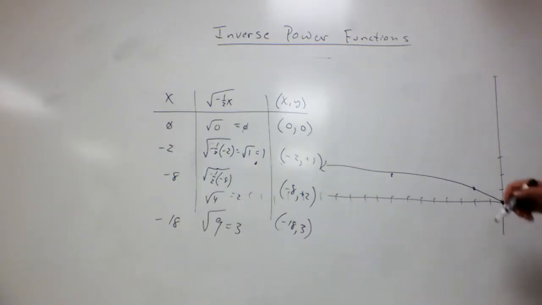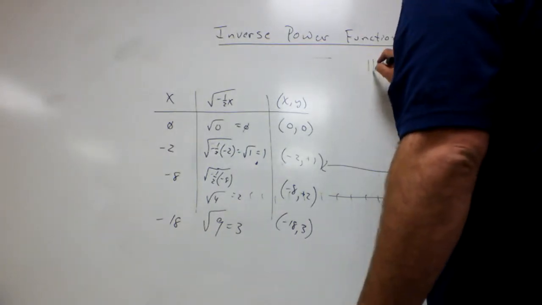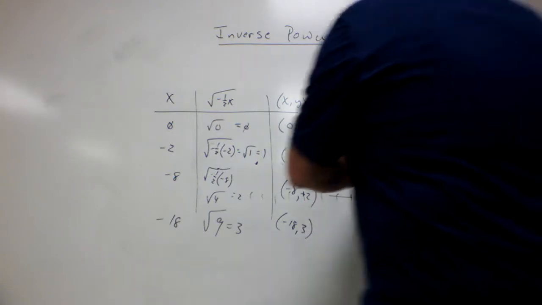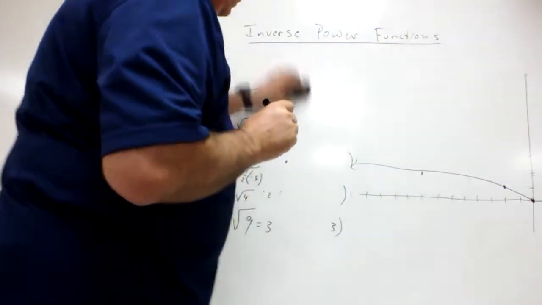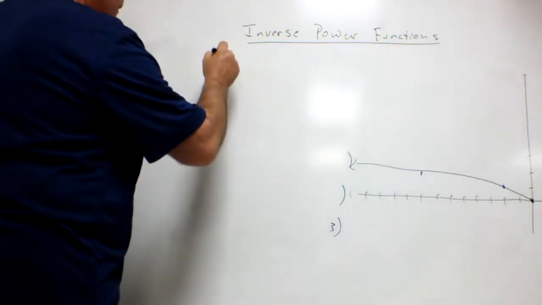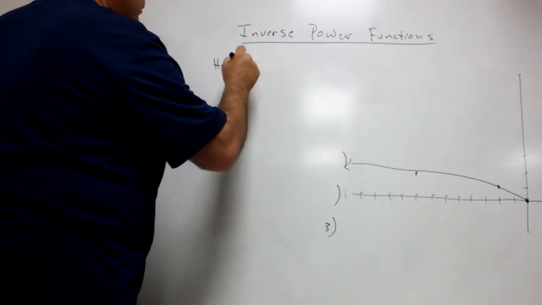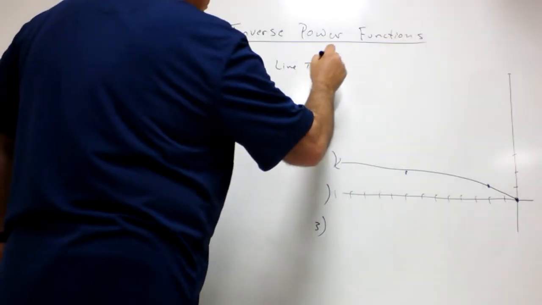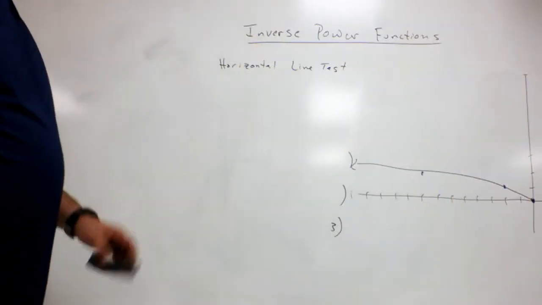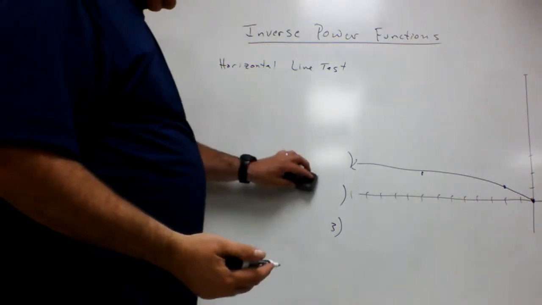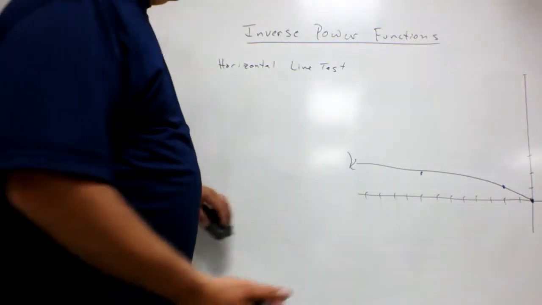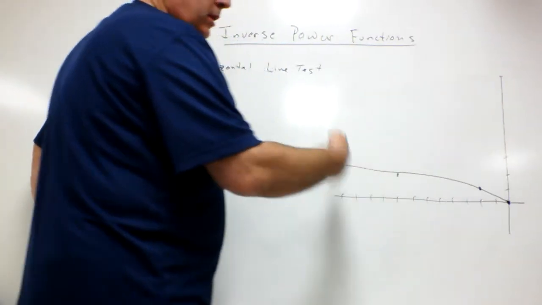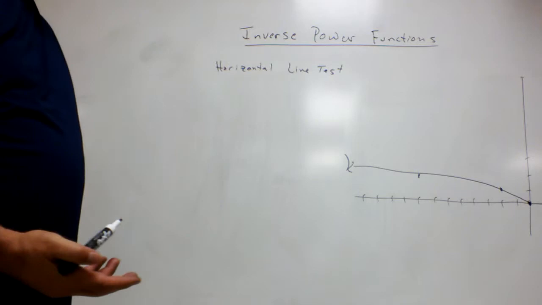Now we also want to talk about something called the horizontal line test. If you'll remember, when we checked to see if something is a function, we did the vertical line test, and if it doesn't touch the graph in 2 places, then it's a function.